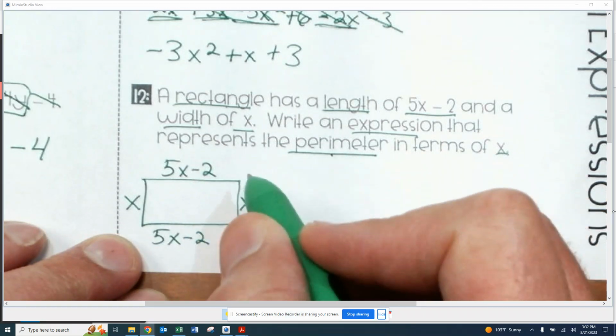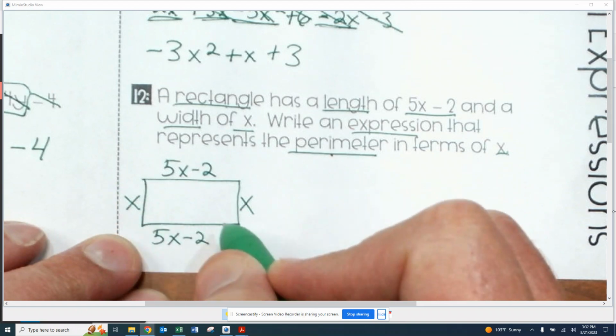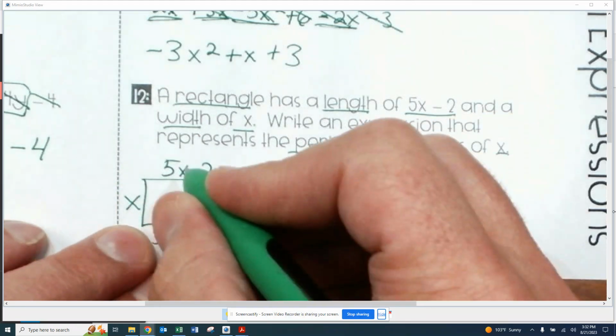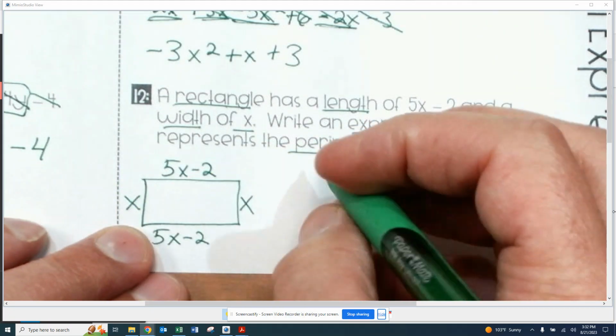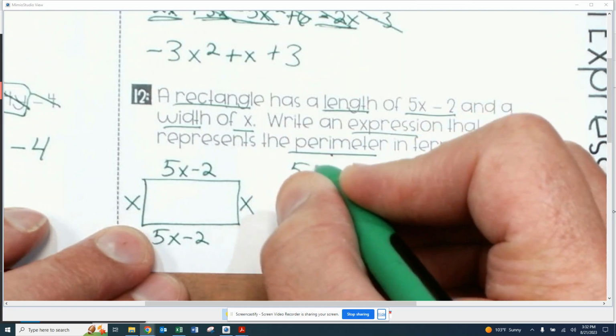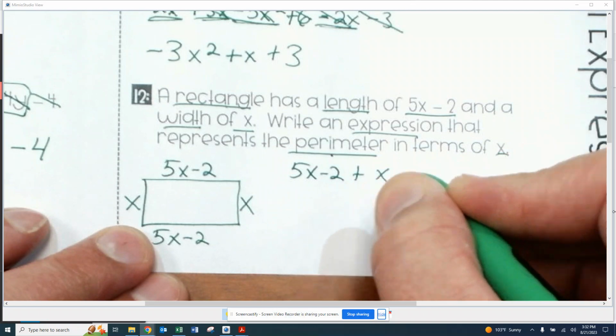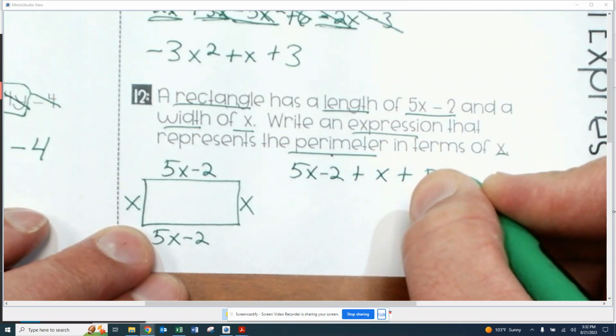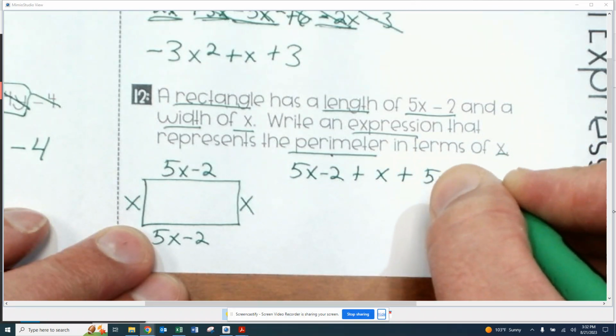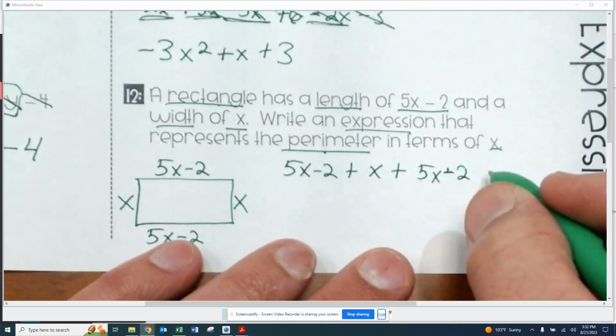Well, perimeter is just adding up all the sides. So one way I can do this is I'm just going to write out all the sides and add them together. I have 5x minus 2 plus x plus 5x minus 2 plus x.